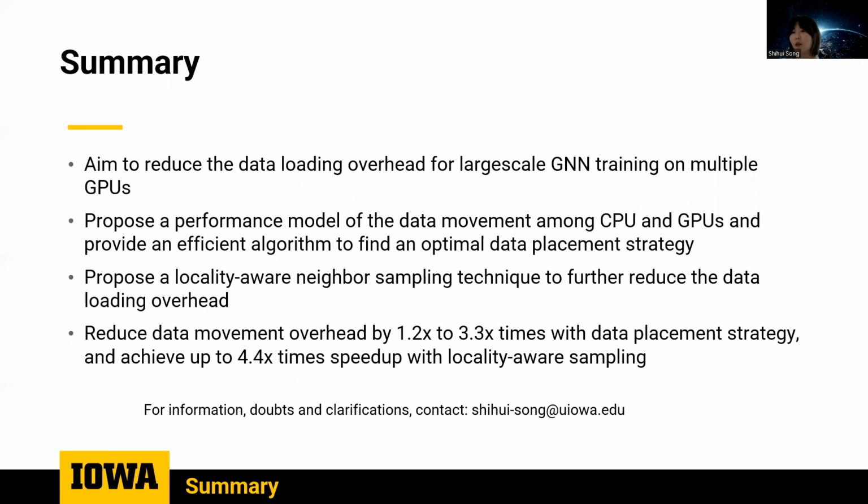For those cases where our strategy does not work very well, we propose a locality-aware neighbor sampling technique to further reduce the data loading time overhead. Our experiments show that we can reduce the data movement overhead by 1.2 times to 3.3 times with the data placement strategy, and we can achieve up to 4.4 times speedup with locality-aware sampling.